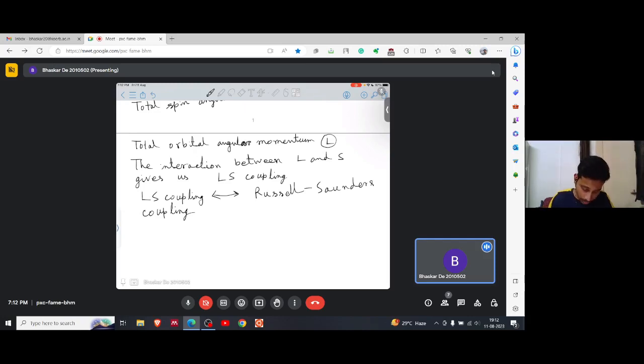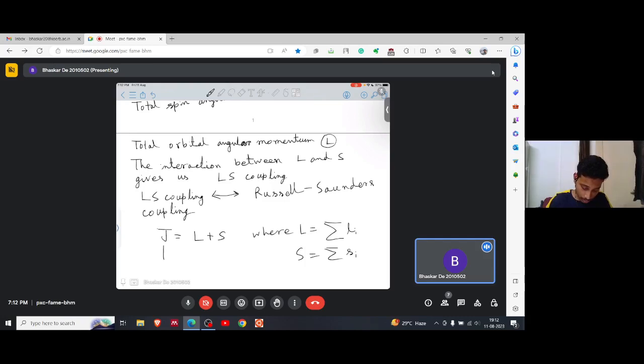So from LS coupling, what we get is J equal to L plus S, where L is summation Li and S is summation Si.